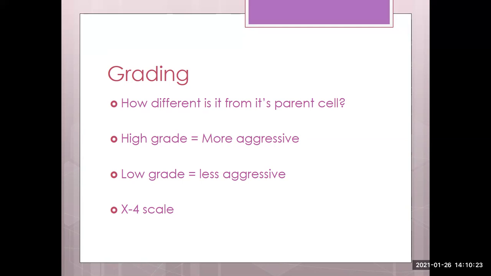So if we're talking about lung cancer, then those cells are pretty similar to a normal lung cell if it's a lower grade, like a grade 1. If it's a grade 4, then they're very poorly differentiated, they don't look anything like the original cells that they came from. So the big thing to take away is the higher the number, the more aggressive the treatment is going to be.